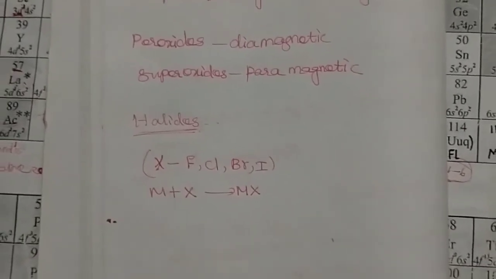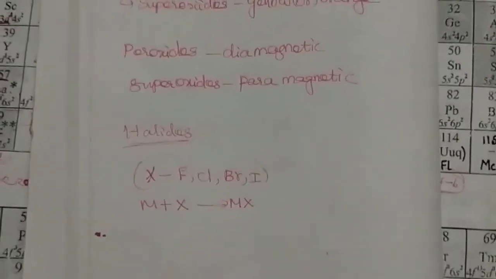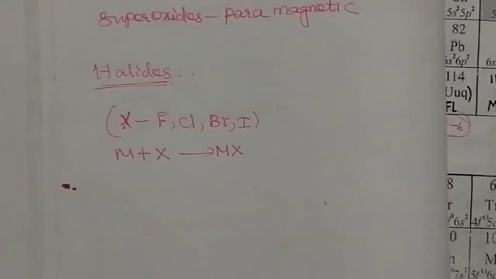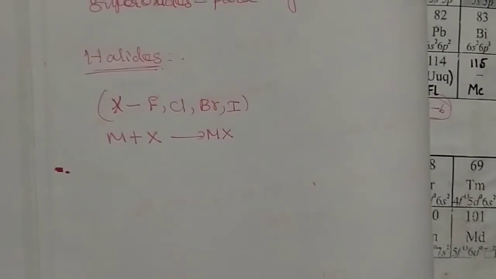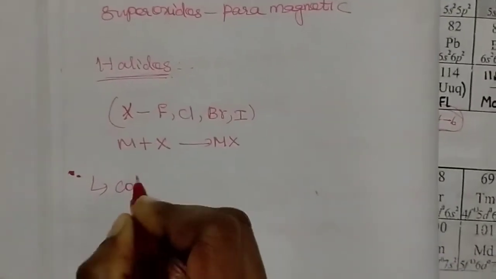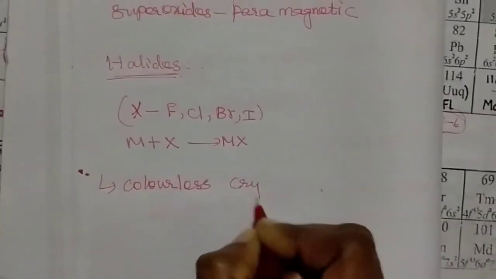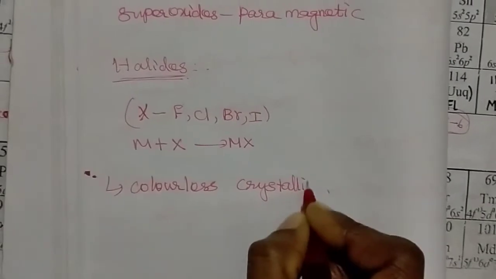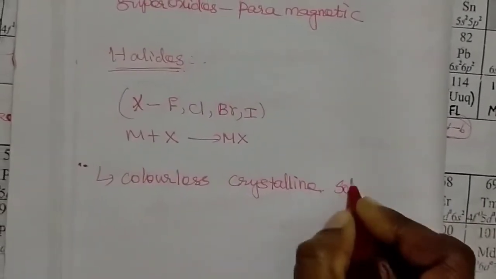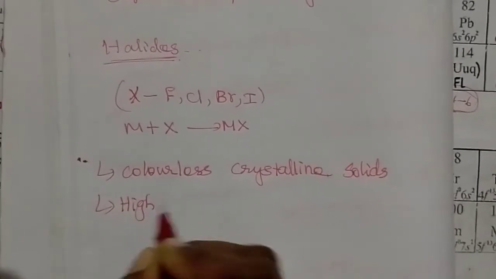The general formula of alkali metal halide is MX. They are colorless crystalline solids and they have high melting point.